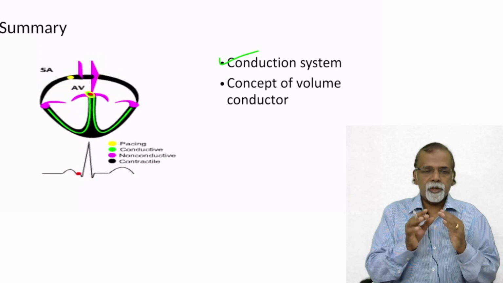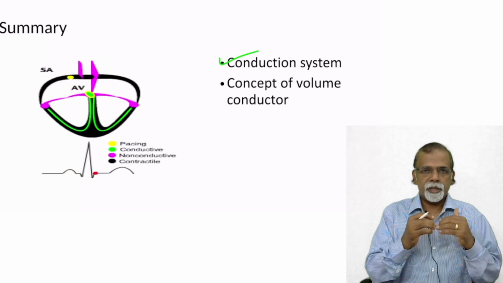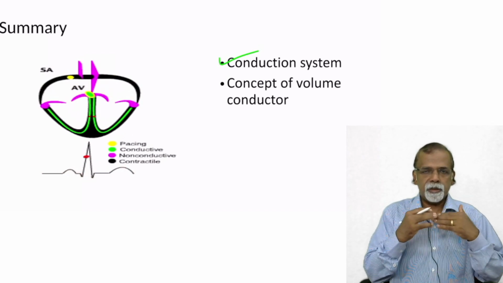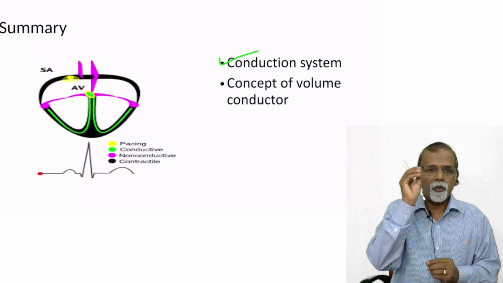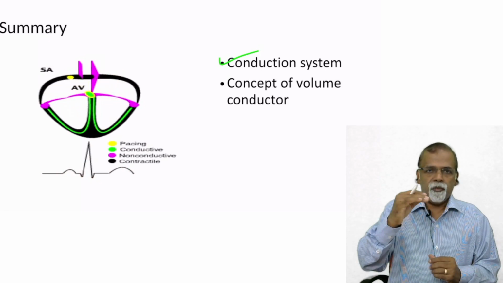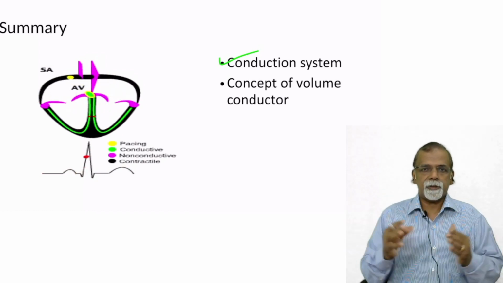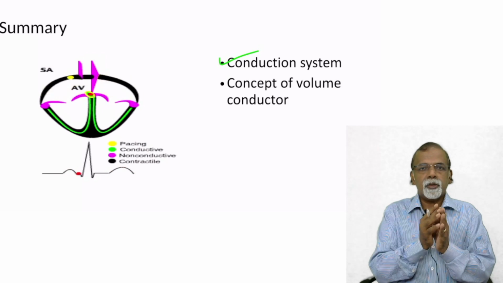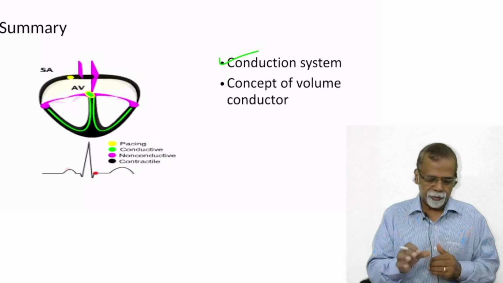We discussed the concept of the volume conductor: electrical activity in the heart is transmitted in different directions, as when you throw a stone into a pond, ripples pass in different directions. Electrical activity spreads like that, and it is recorded from different parts of the body.